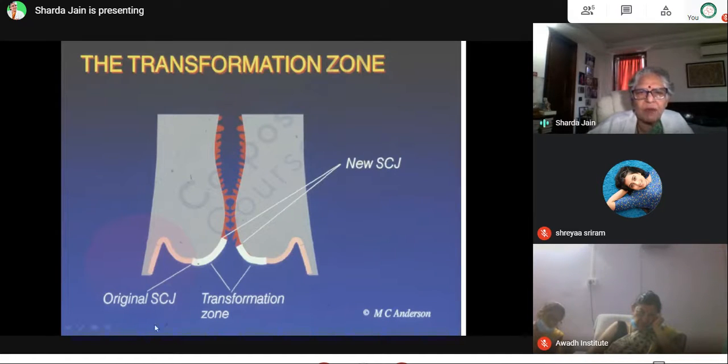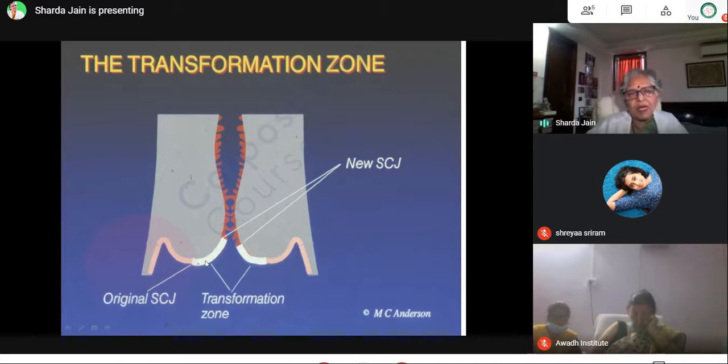As age advances, this epithelium goes outward. When it goes outward, inside you can find a new squamocolumnar junction, and the old squamocolumnar junction goes on the outer portion of the cervix.